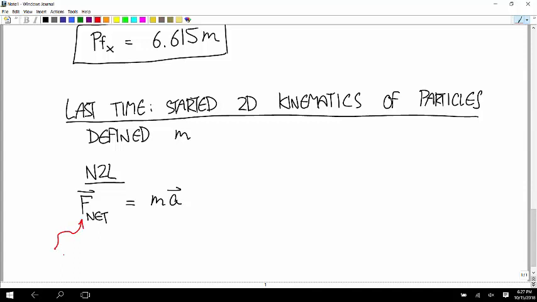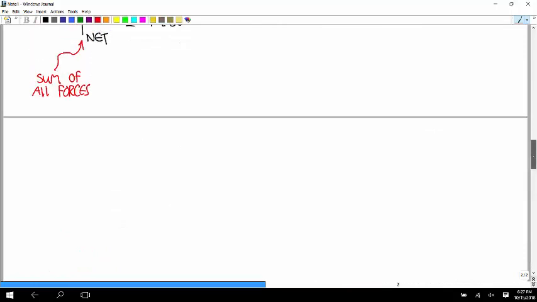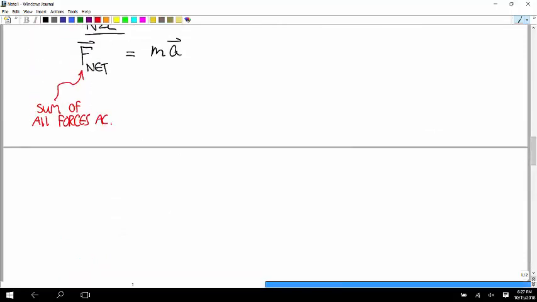So this F net is the sum of all forces acting on the chosen object.